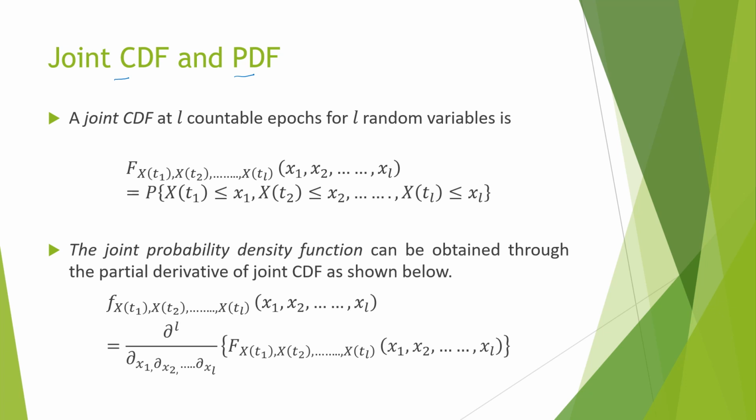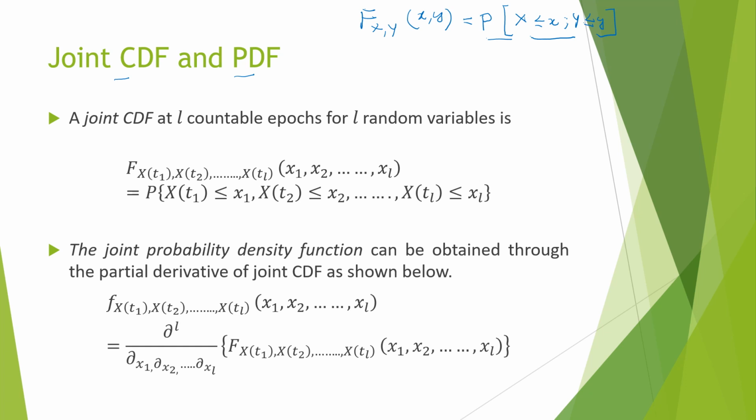Suppose we have two random variables X and Y, we write the joint CDF as F_XY(x, y) equal to probability of X less than or equal to x and Y less than or equal to y. This is how we define the joint cumulative distribution function for two random variables X and Y.